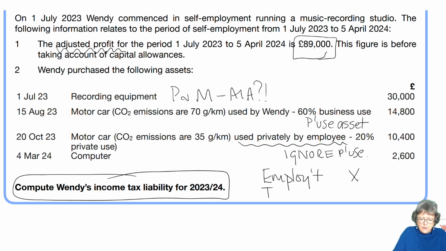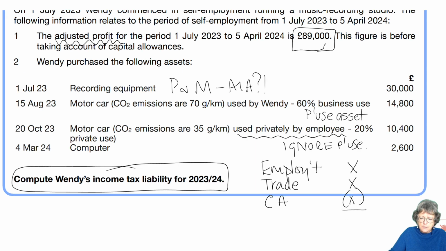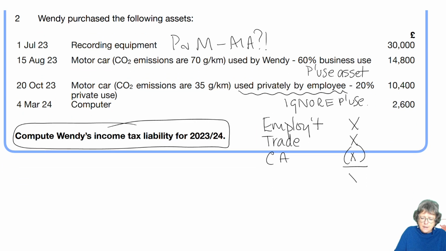She's got trade income, from which we will then deduct the capital allowance, which will be a working. We will then have a personal allowance, which we will need to deduct. And that figure will then be taxed.